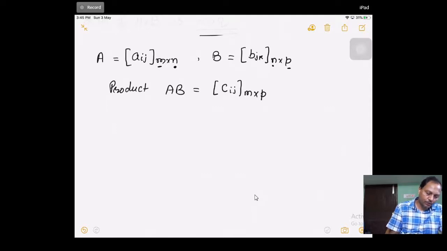Now we are going to define Cij, how to obtain the element of the product with the help of the elements of the given matrices.